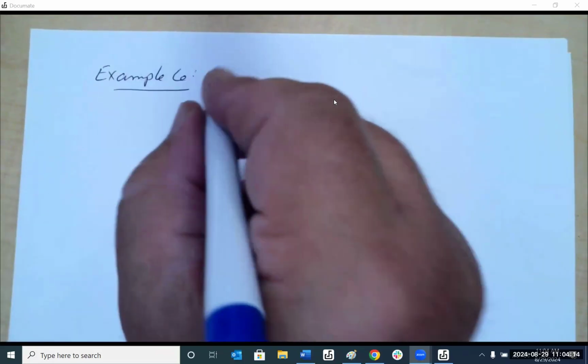And the next one. Ooh, now we're not rotating about an axis. We're rotating about something else. Example 6.